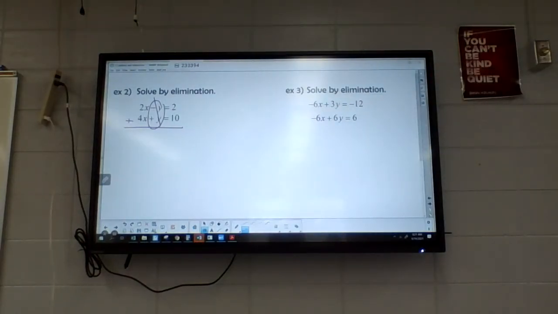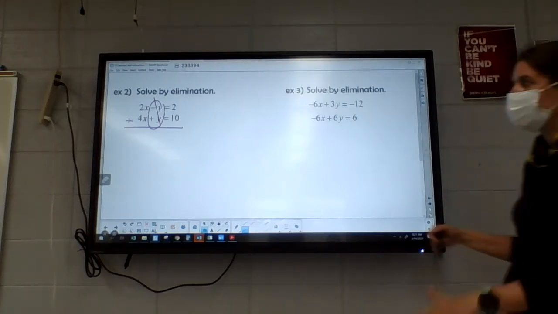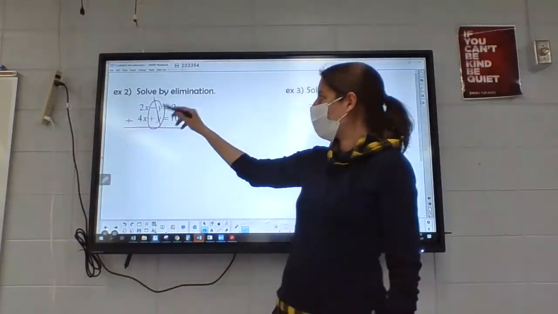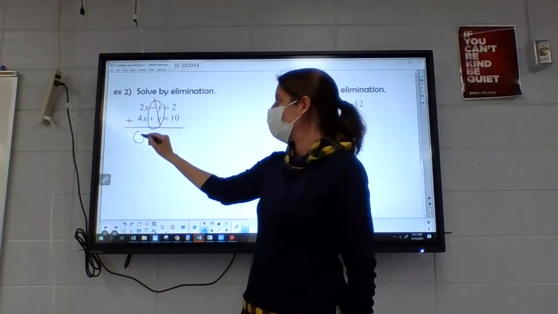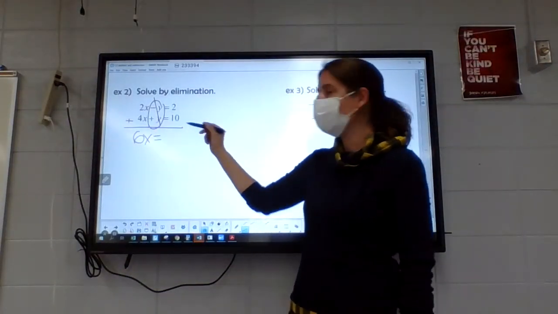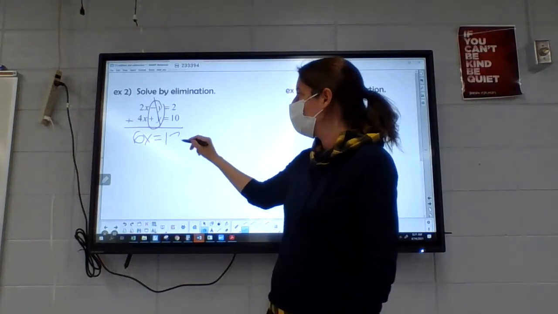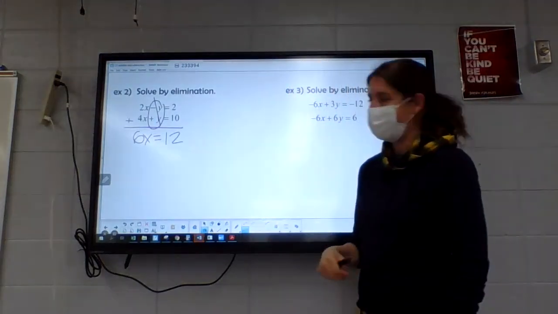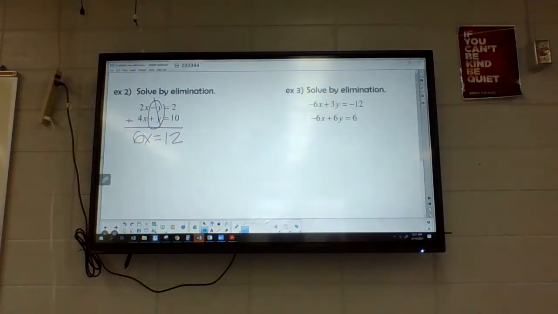Now we're ready to add the other parts. If we add that part, we have to add the other ones as well. 2x and 4x is 6x. 2 and 10 is 12. So again, I got us down to a one-step equation really fast.